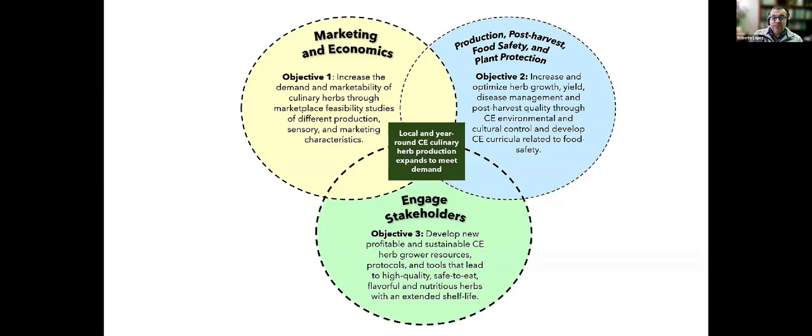And then probably our most important one that we often tend to forget, especially when we have a transition from, let's say, a floriculture industry to a greenhouse that's producing culinary herbs, and that's food safety.